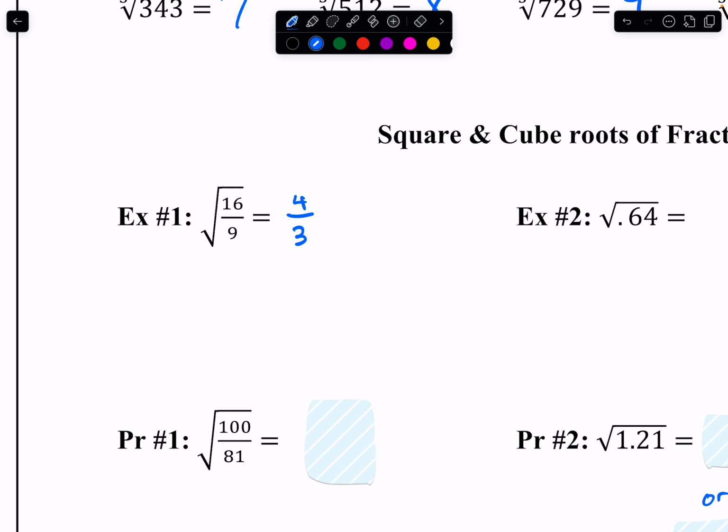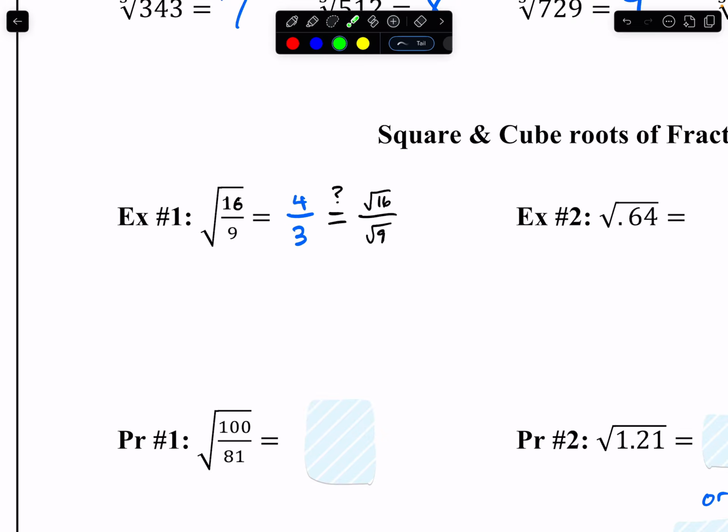And if you thought that, you're right. The thing is, I'm going to put a question mark for now because we haven't really proved this or talked about it, but wouldn't it be nice if we could just square root the 16 and then square root the 9? Because 16 is a perfect square. The square root of 16 is 4. And 9 is also a perfect square, and the square root of 9 is how we got that 3.